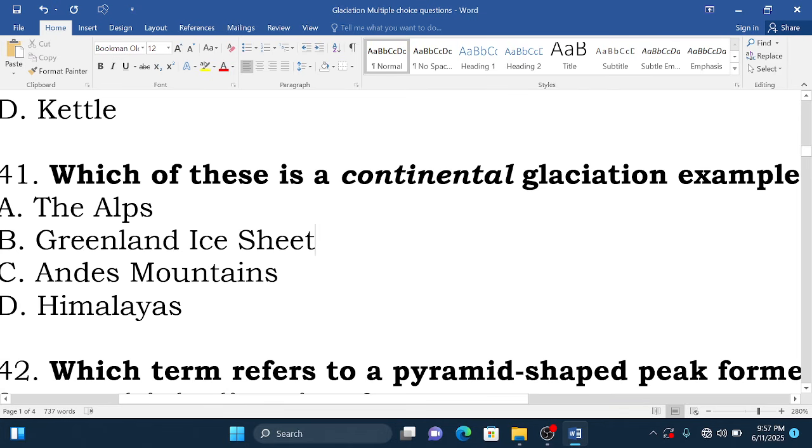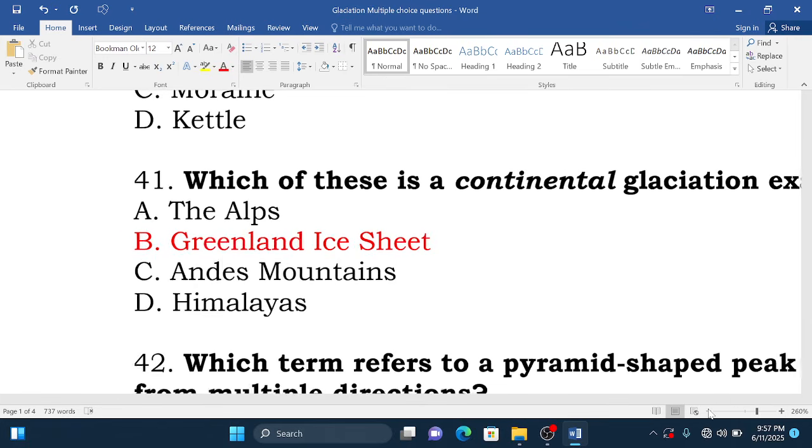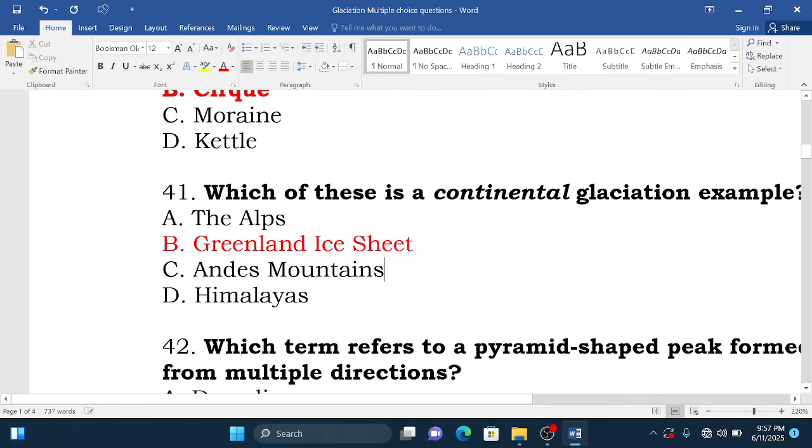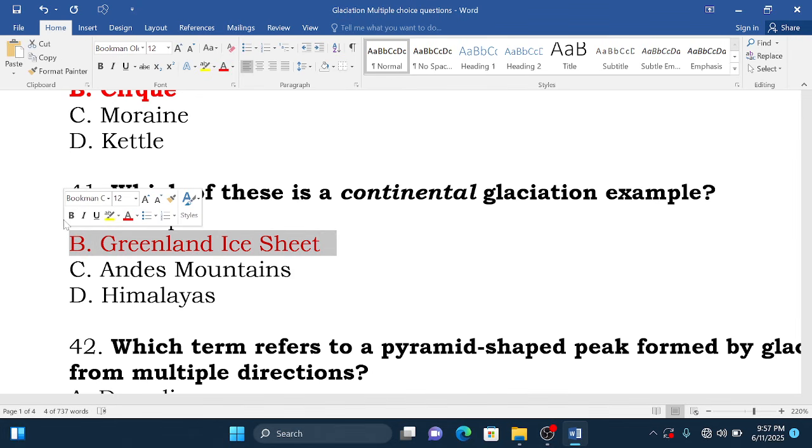So the correct answer is B, because one continental glaciation example here is Greenland. I think this question is very clear and easy to understand.